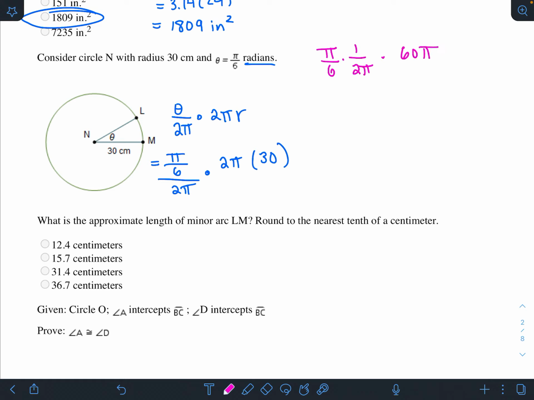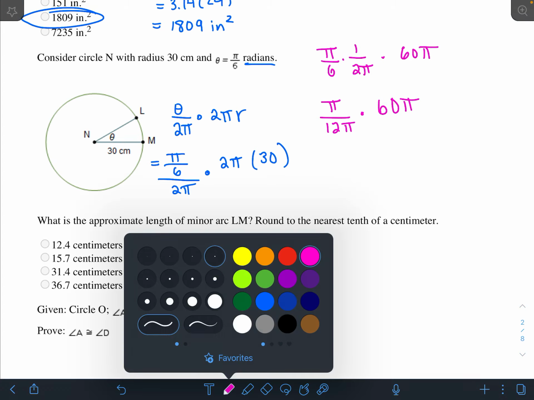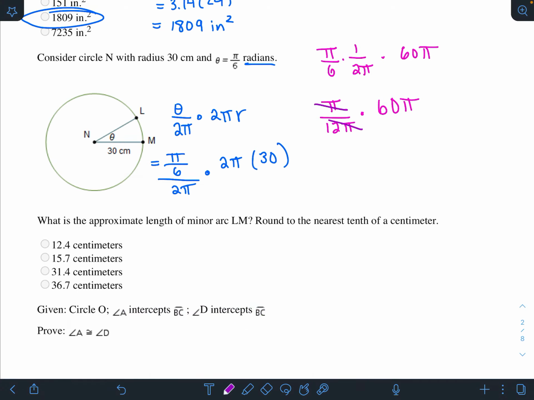All right, so here we will multiply the numerators together. Pi times 1 gives me pi, and then 6 times 2 pi gives me 12 pi. All right, numerator and denominator, those pi's will cancel out, and I get 1 over 12 times 60 pi. And that gives me 60 pi over 12, which simplifies to 5 pi.